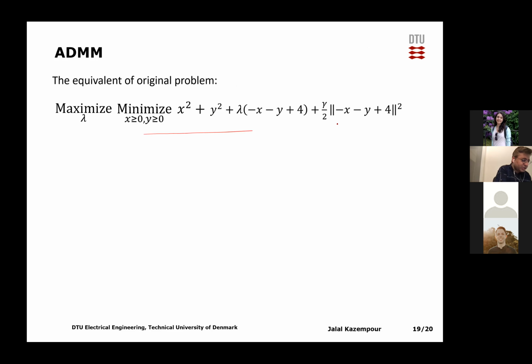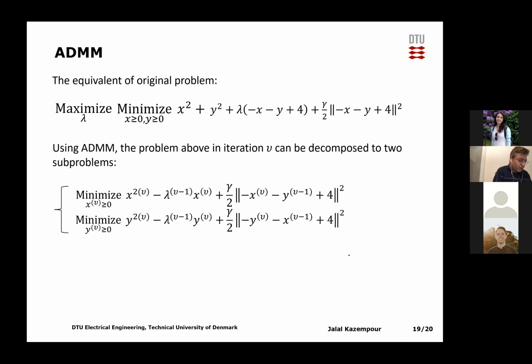So this is our original problem. We go for lambda bar, so we eliminate maximization. So what happens? Now with ADMM, we have the X update subproblem and the Y update subproblem. So X in iteration new is a variable.